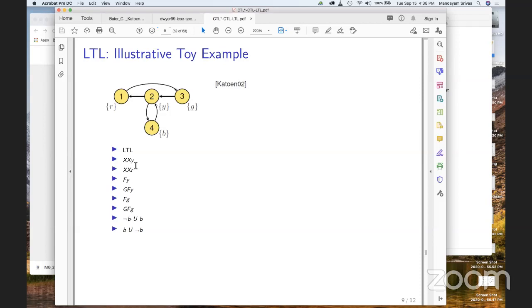What I ask you is, which of the states 1, 2, 3, 4 in this transition system are such that this path formula is satisfied by every path originating from that state, or which are the states for which there exists a path that satisfies this path formula.